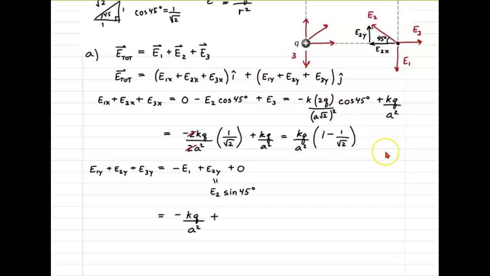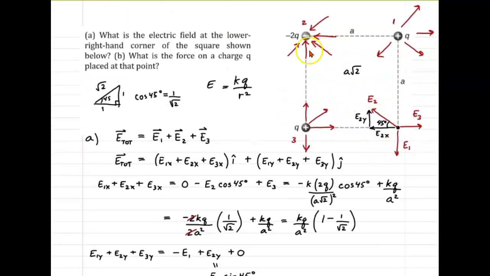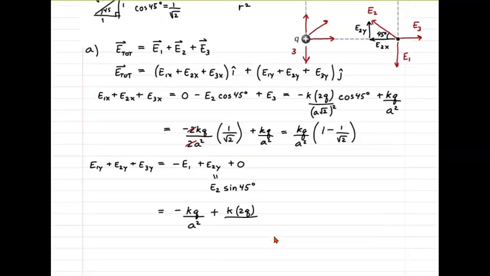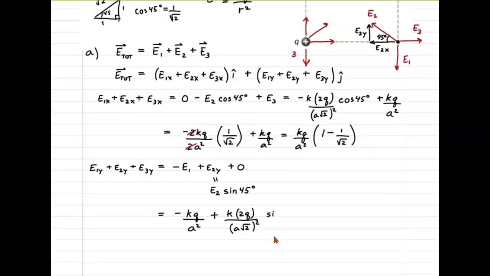E2 is negative 2Q, but we don't want to count this as a negative anymore. We already took into account the minus sign from these directions. So it's just positive 2Q over the distance from E2 to that point, which again is going to be A root 2, and then we square that, times sine 45 degrees.